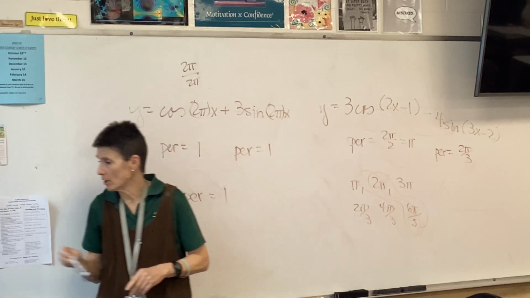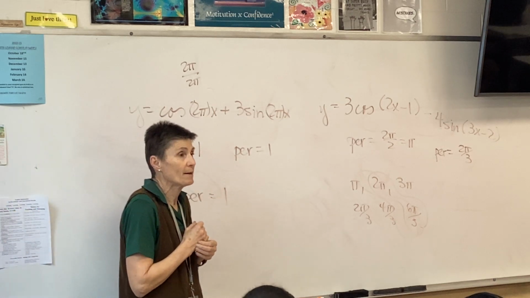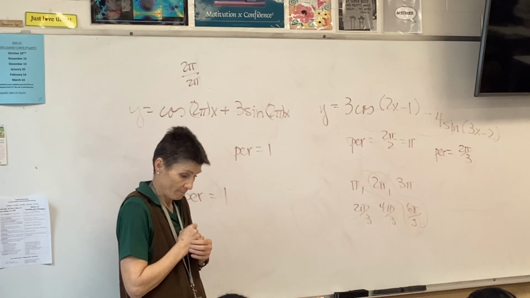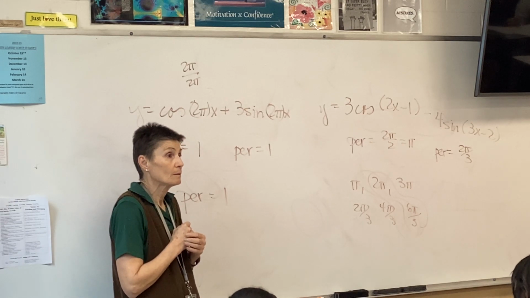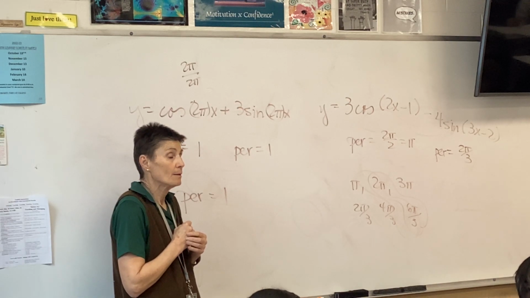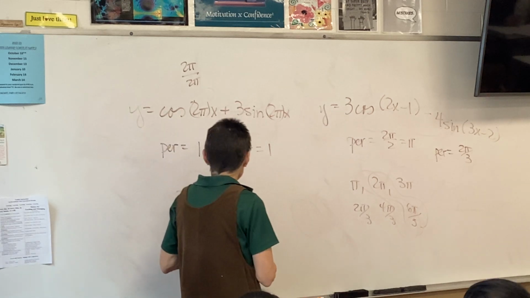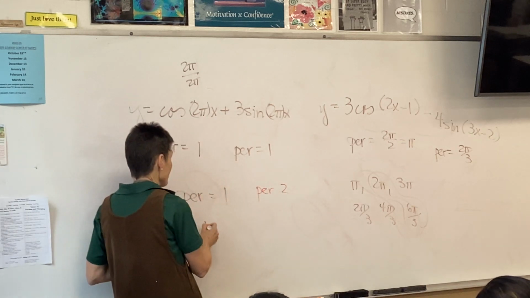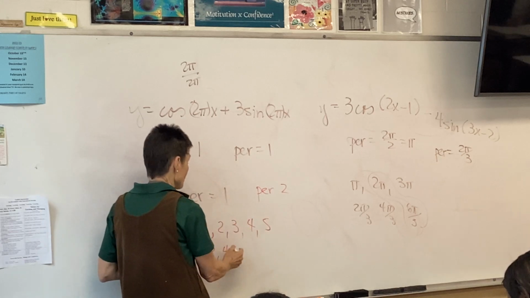Are you feeling okay about that very short little simple section? On letter E, they're both 1, but if you gave us one where they were different numbers, how would we figure out the period? Same way we did here. If one was 1 and one was 2, then this one repeats every 1, and this one repeats every 2.